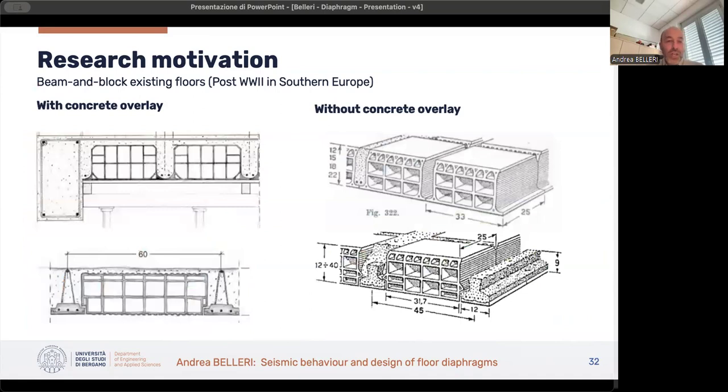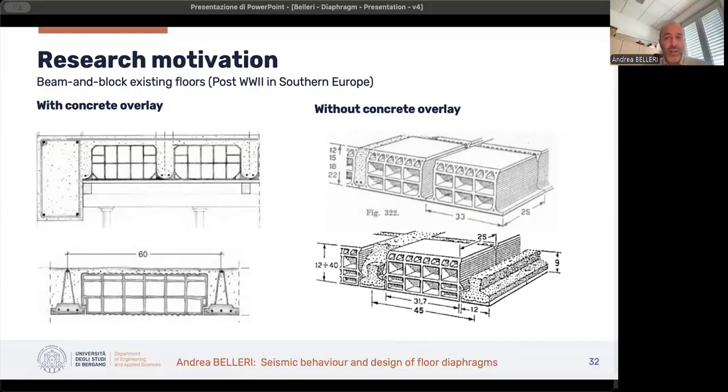The floor system that we are considering is made of clay blocks and reinforced concrete beams. It could present a concrete overlay with or without a welded wire mesh, or it could be without a concrete overlay.